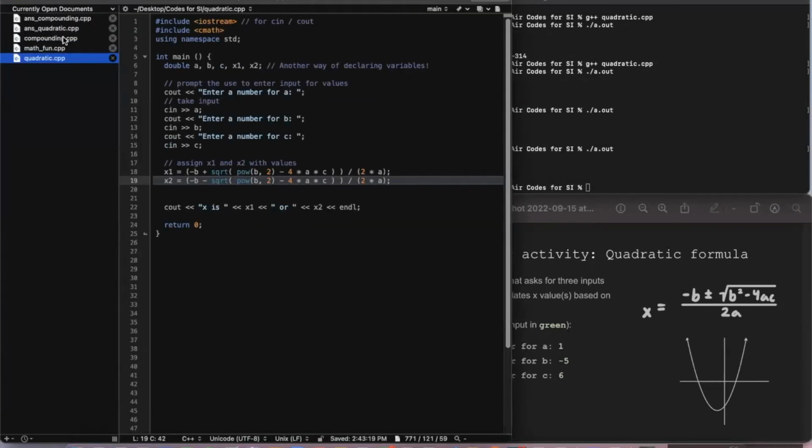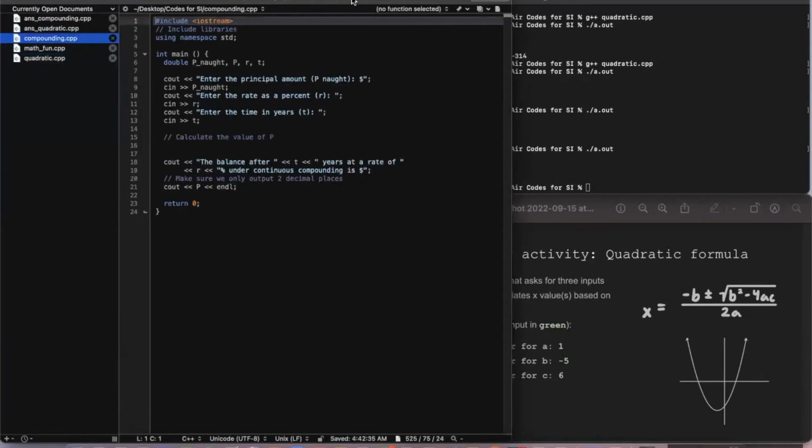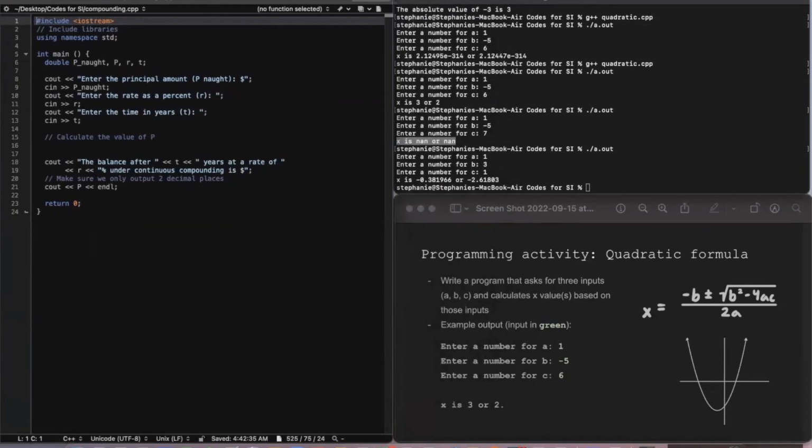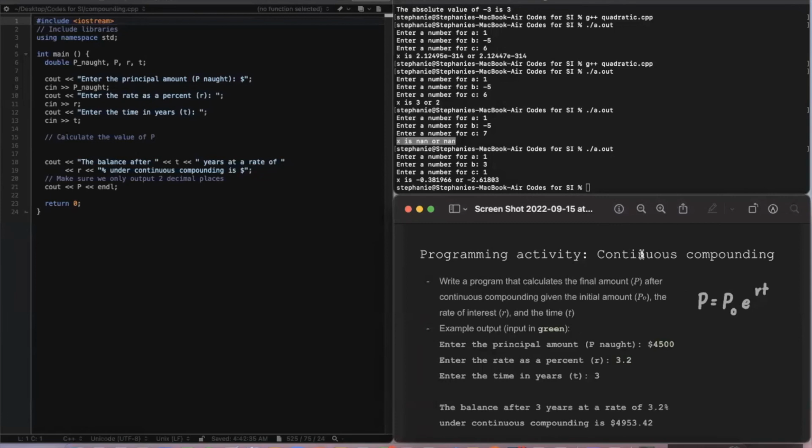All right. So we have one more example program for today, and this is compounding continuous interest. There is a formula for when you're continuously compounding the interest of some statement.